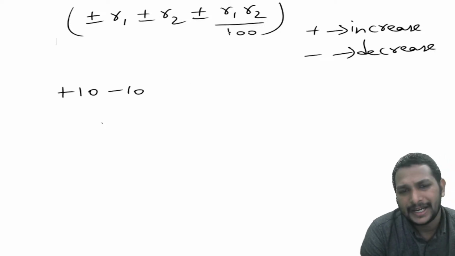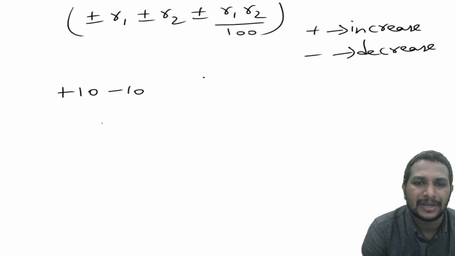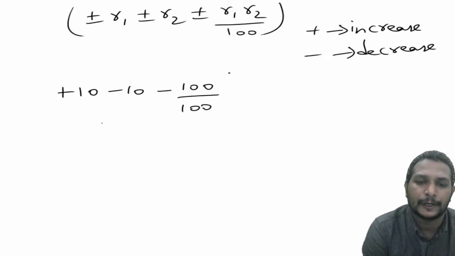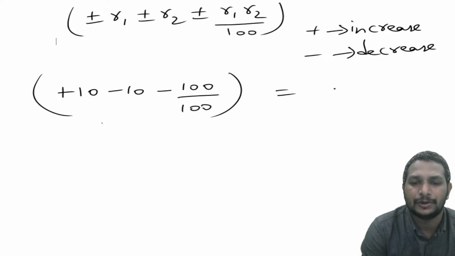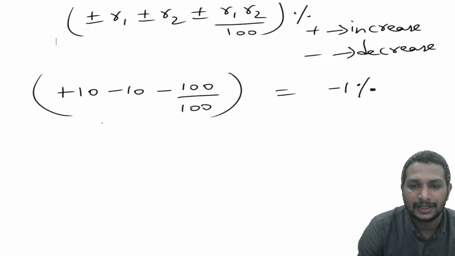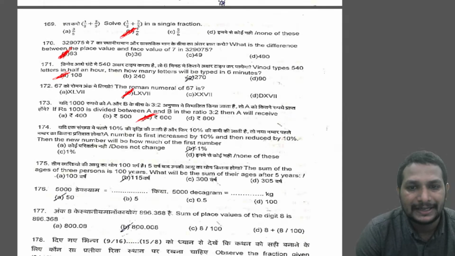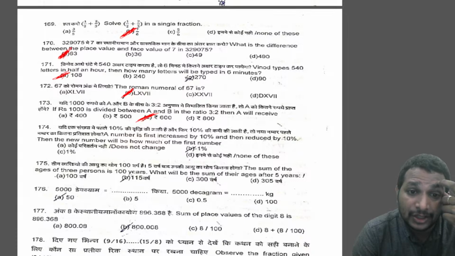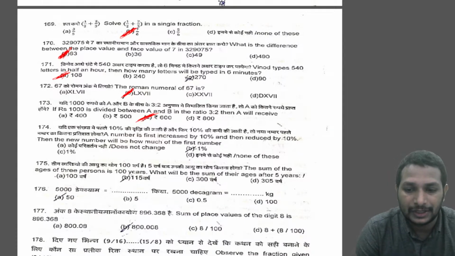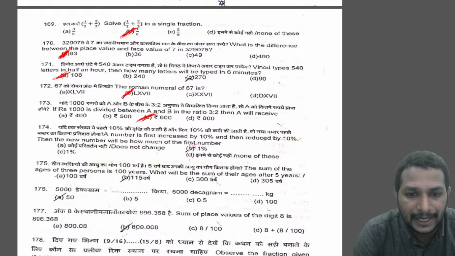Plus 10 and minus 10 minus 100 by 100. 10 minus 10 becomes 0, minus 1. Minus 1 percentage. That's nothing but decrease. Minus 1 percentage is the answer. Given the options, it is option B.